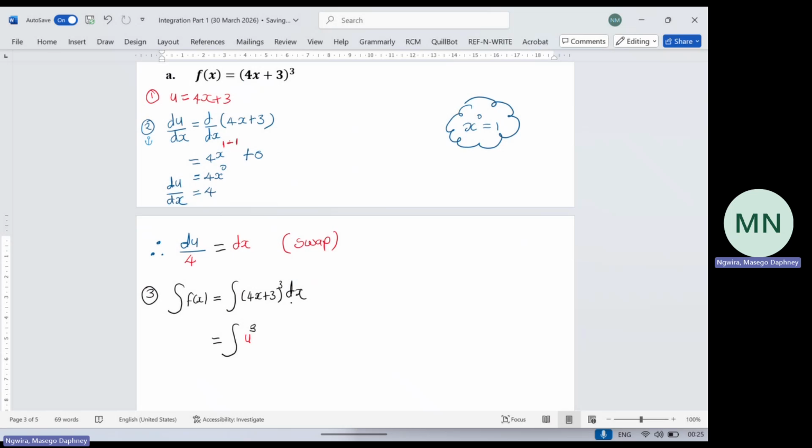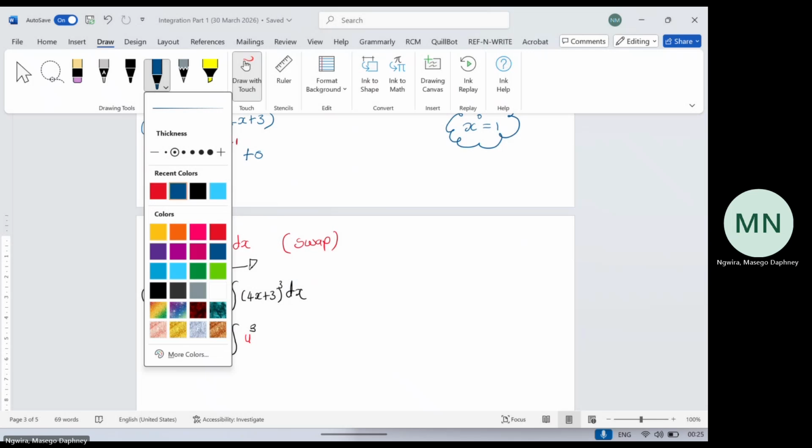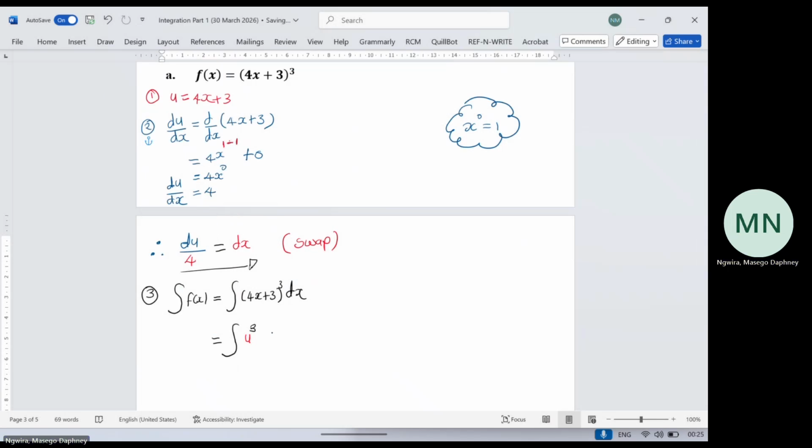And now dx, which is this one. dx is what? It is du over 4. So that's what we are going to substitute. I'm going to use blue. So this will be du over 4.